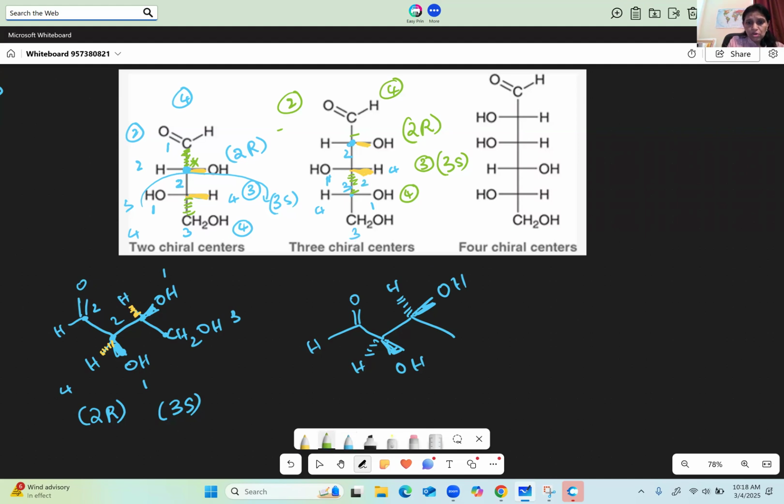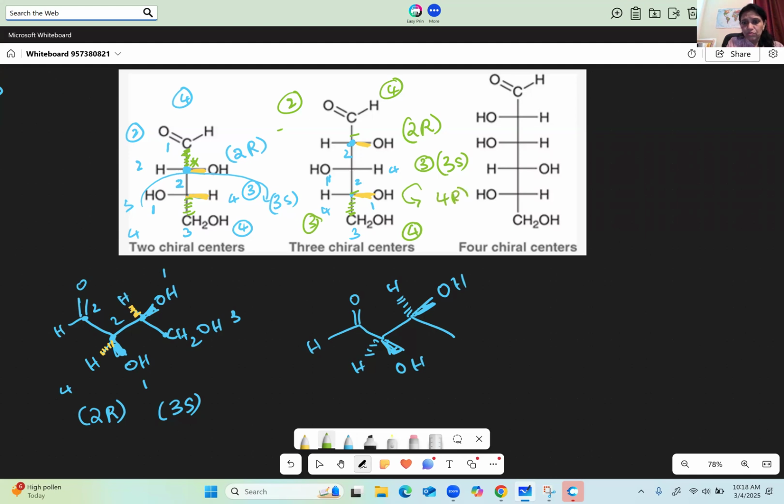So now this will be my dash and this will be my wedge again. So let me erase some of these numbers. So 1, 2, 3, 4. So now I have to put my 4 on the dash. So I'm going to put my 4 here, 3 here. So 1, 2, 3. It is going in the S direction after the flip.